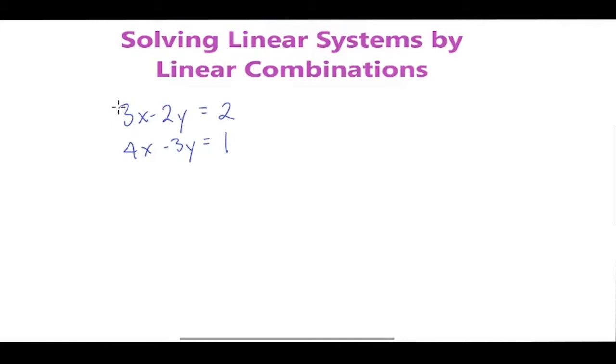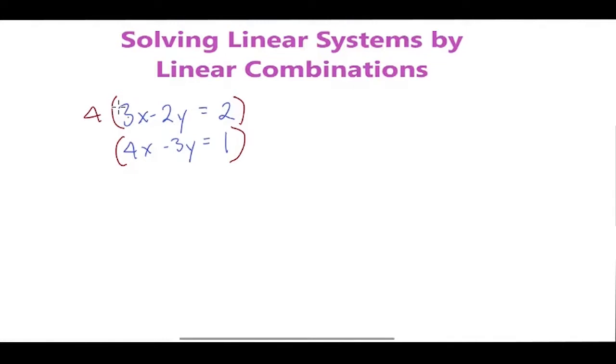So what I'm going to do is multiply both the top equation and the bottom equation by something that is going to make one of the variables cancel. So what I need is for them to be opposites. So I will multiply the top equation by 4 because I want to get rid of my x.